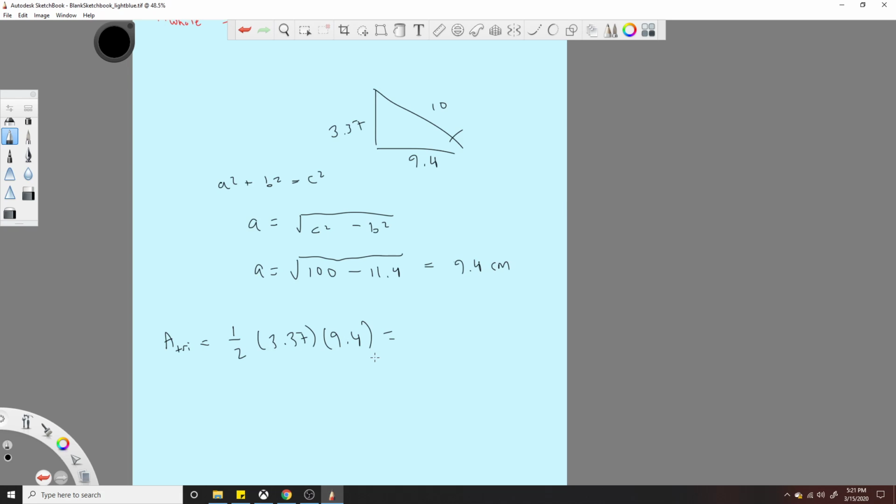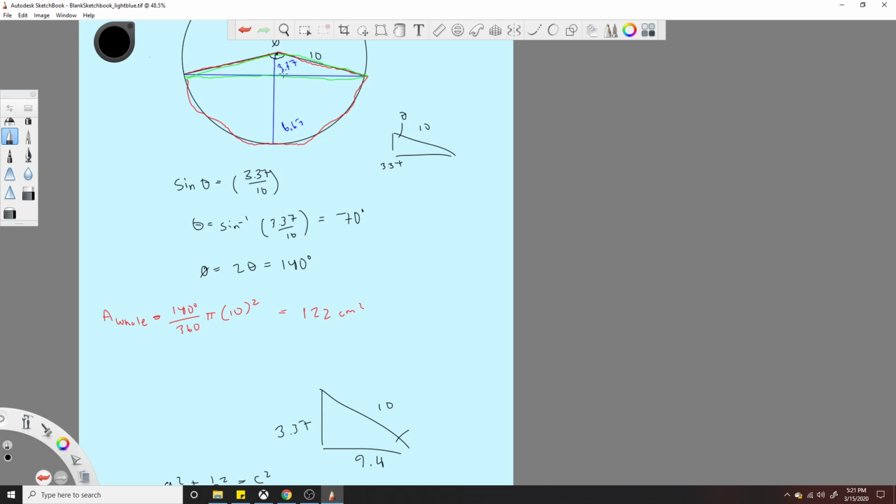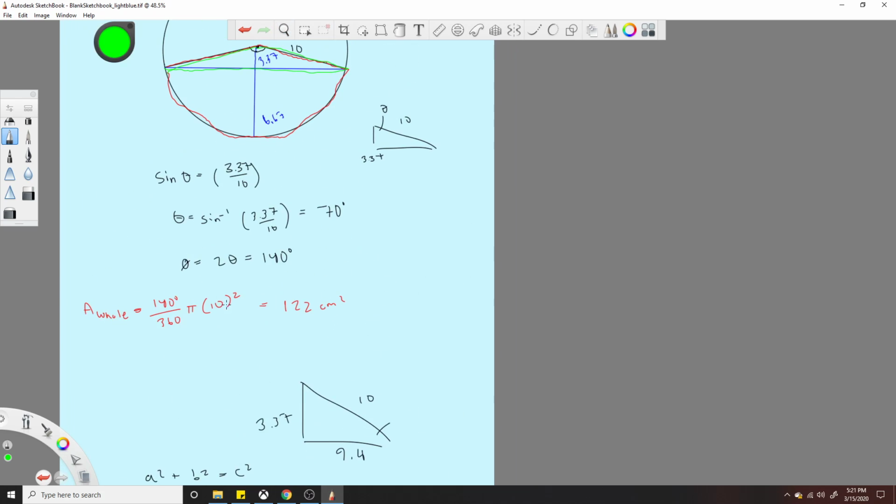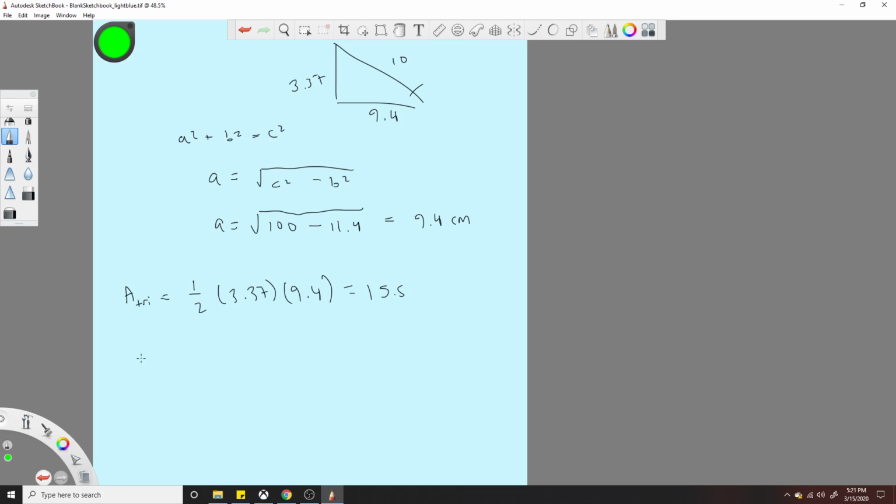And that's going to be equal to roughly 15.5. And now, to get the big green triangle, we would just multiply this triangle by 2, right? Because there's just 2 of them. So a triangle with the big T equals 31.